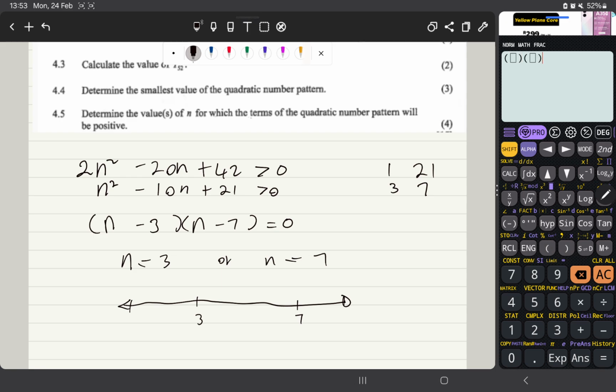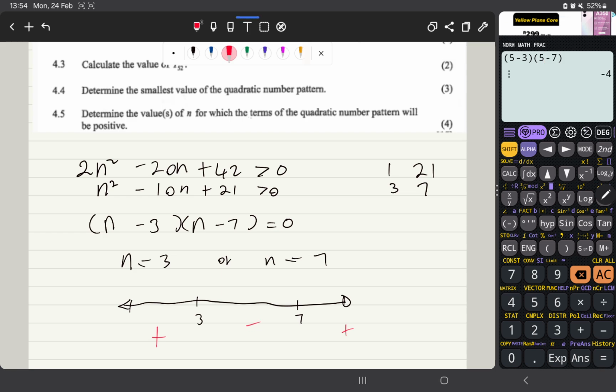Let me go to my calculator and take any number below 3, maybe 0: 0 minus 3 times 0 minus 7, I get a positive, so this side is positive. If I take a number greater than 7, like 10, I get a positive. Any number between the two, like 5, gives a negative.